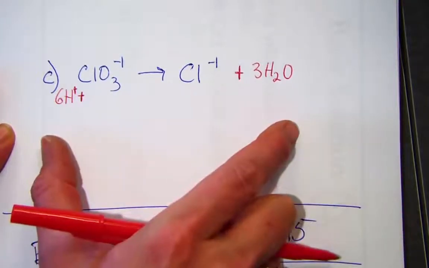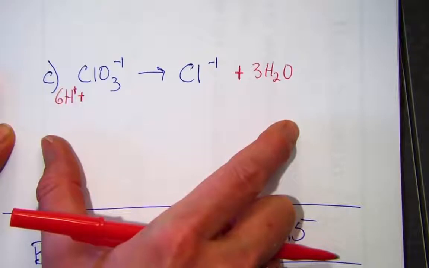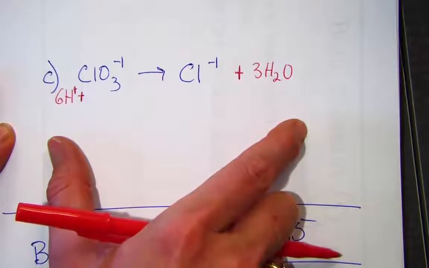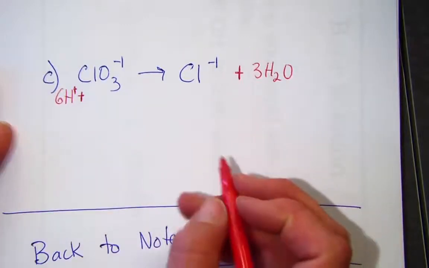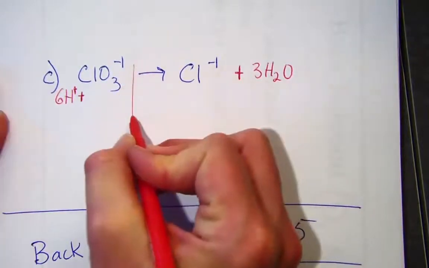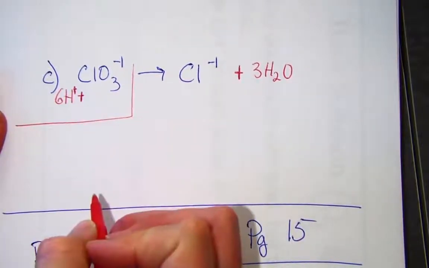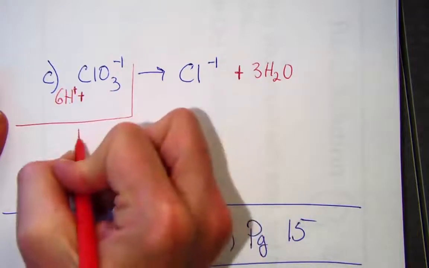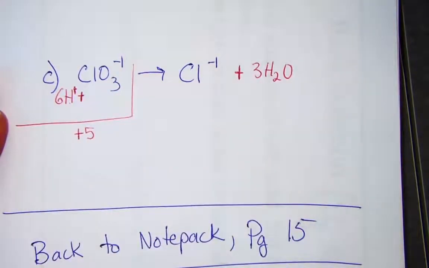We have it balanced every which way but electrically. When we balance by charge, we use electrons. Remember that electrons are always added to the more positive side. The combined charge on the reactant side, I have 6 positive protons with a -1. So far, this is at a +5.